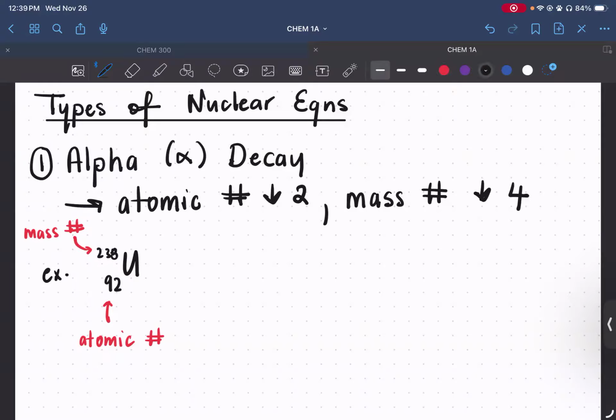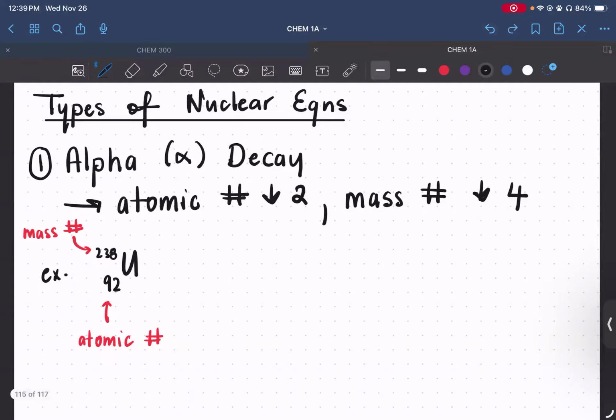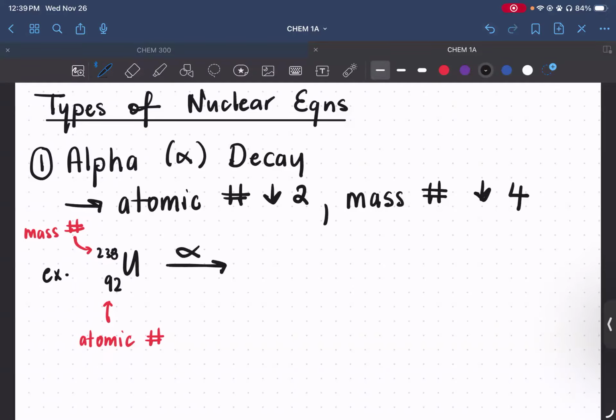How we would represent this as undergoing alpha decay is we would draw the arrow. Above the arrow, we include the alpha symbol, meaning this is going to be an alpha decay.